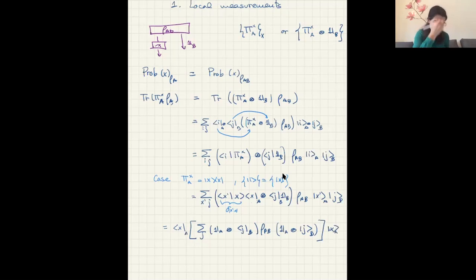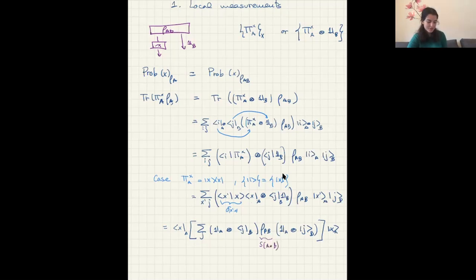Because if we keep track of the systems inside, let's just do this. So this lives in S of A times B, say. You know what I mean?